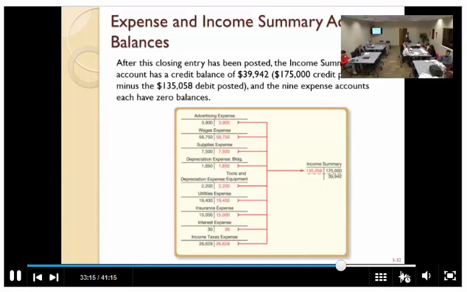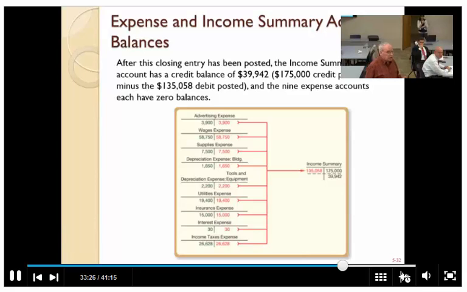Let me just say one more thing. When you prepare the statement of retained earnings, that helps you prepare the balance sheet. But on your books and records, you still have revenue and expense in your revenue and expense accounts. It's the closing that gets the net income you calculated actually into retained earnings.